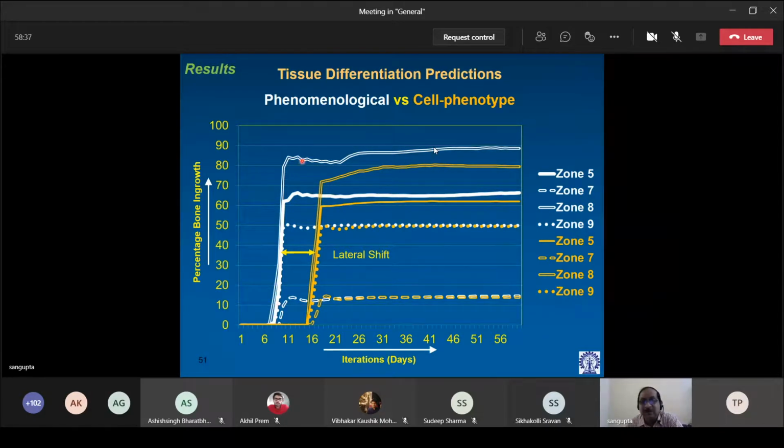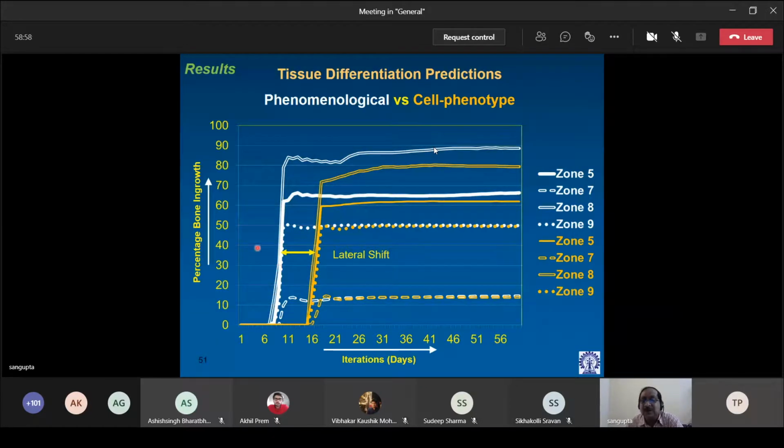The white is the phenomenological model, and the orange is the cell phenotype model. Both are almost comparable, but still there is a noticeable lateral shift.